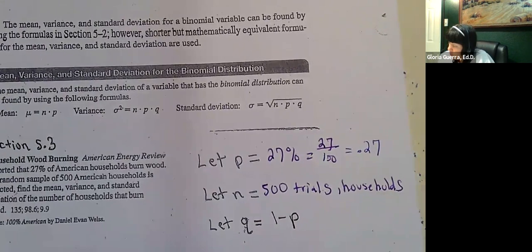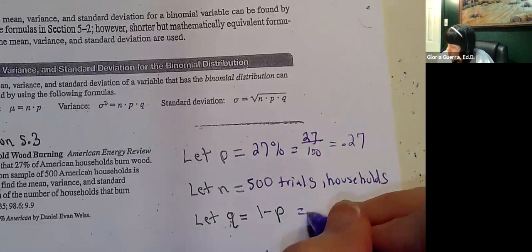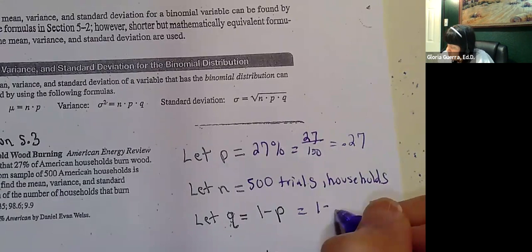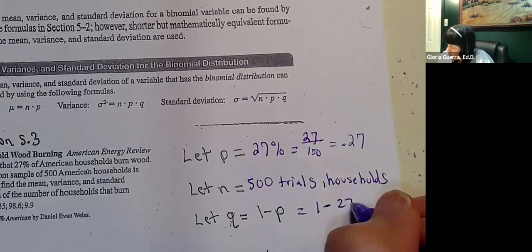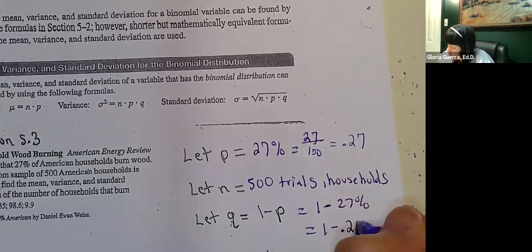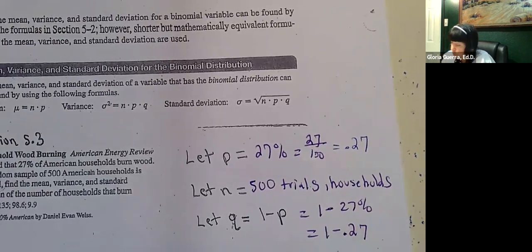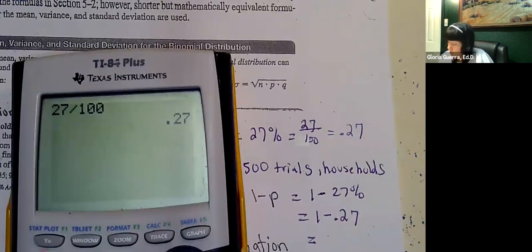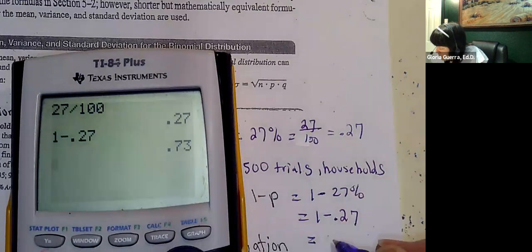And then q is 1 minus p. So it's 1 minus 27%, and you have to have the same units, so 1 minus 0.27. So 1 minus 0.27 is 0.73.